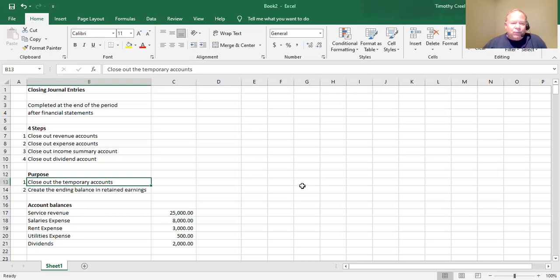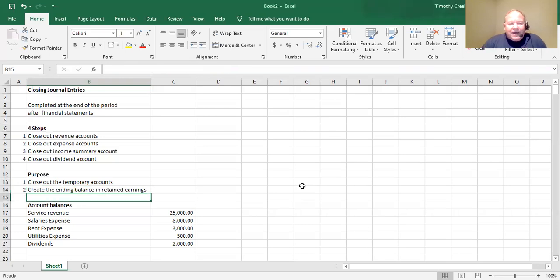And you also want to create the ending balance in retained earnings. Remember, the formula for retained earnings is beginning balance plus net income minus dividends equals ending balance. So by doing these journal entries, you're going to be transferring net income and dividends to the retained earnings account to give it its proper ending balance as well.